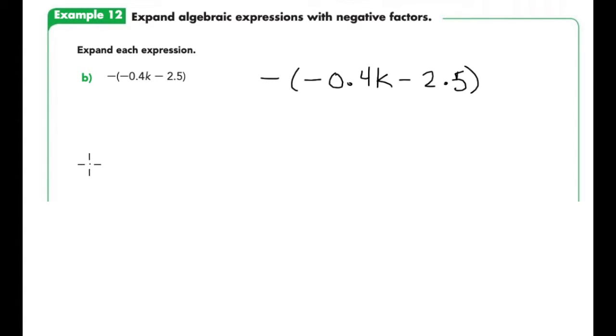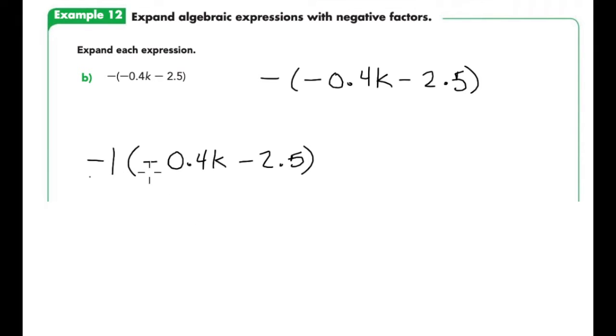The other thing we could do is, when you have a negative sign outside, it's kind of the same as having a variable without a coefficient. There's actually a 1 there. So I could rewrite this as a negative 1 times the difference of a negative 4/10 k and 2 5/10.